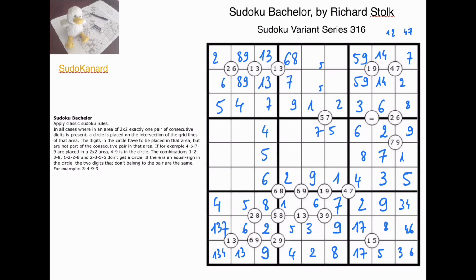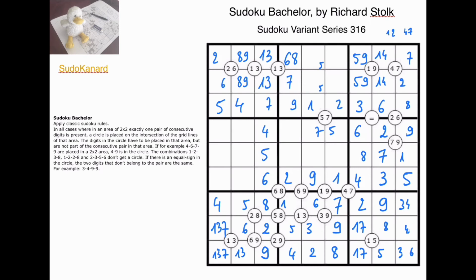Is that it for the time being? Not sure. Here we need, what did I do here? This 4 should be a 7. On this row, we have a 1, 3, 7 pair. Oh, there was this 6 anyway.